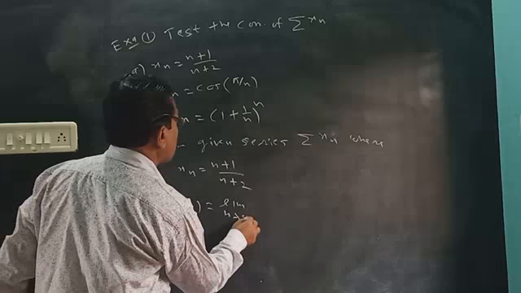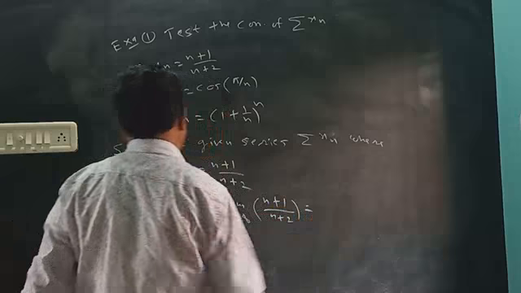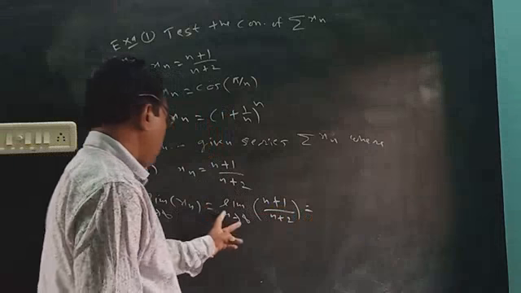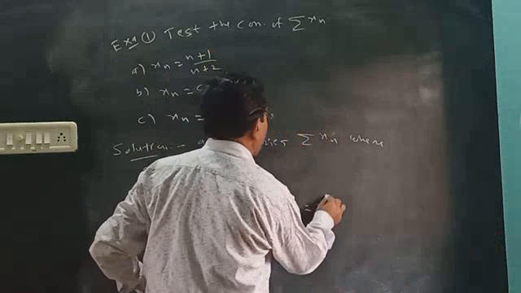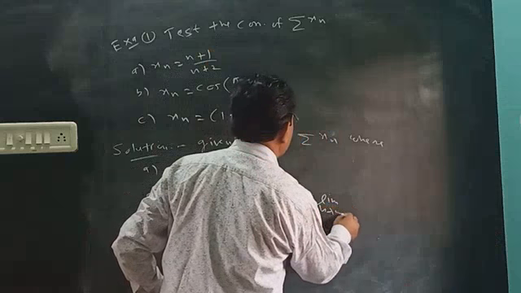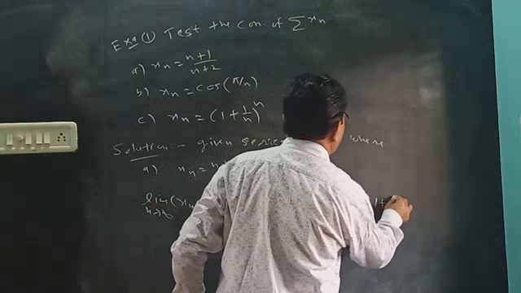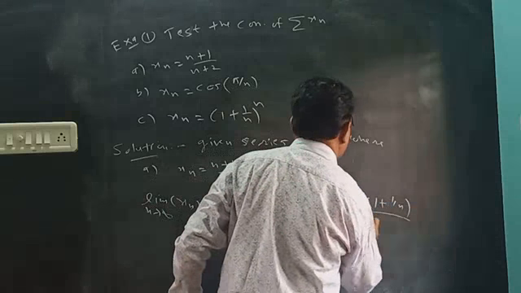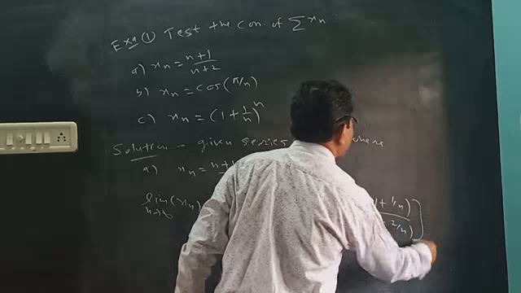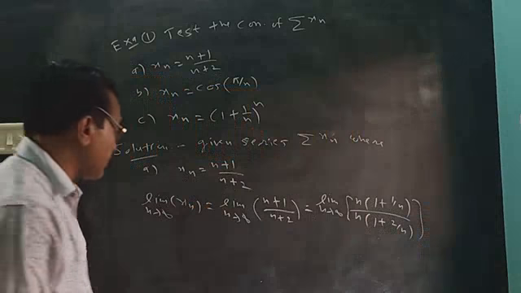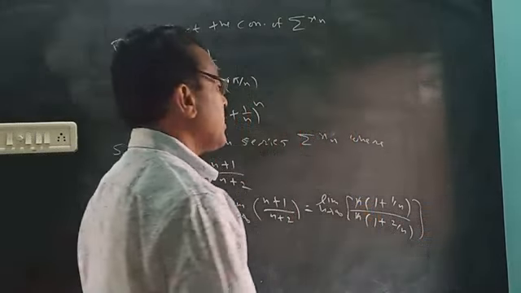If 0 then convergent, otherwise divergent. How to find the limit: n plus 1 is an algebraic function, so take the highest power n common from the numerator and also from the denominator. We study how to check limits of algebraic terms in earlier classes.